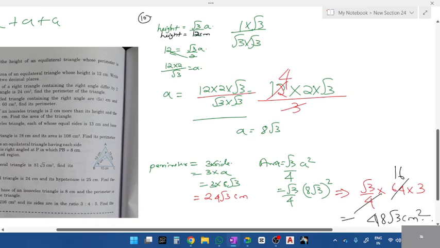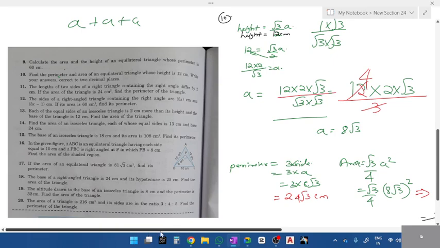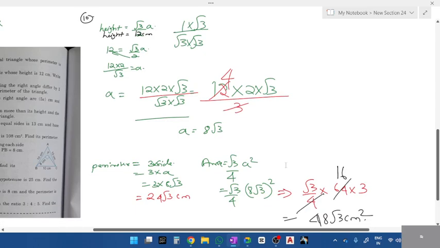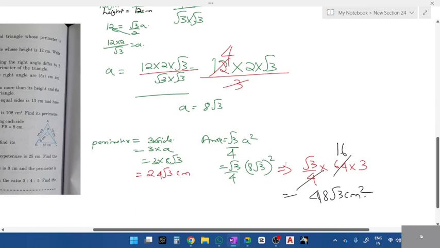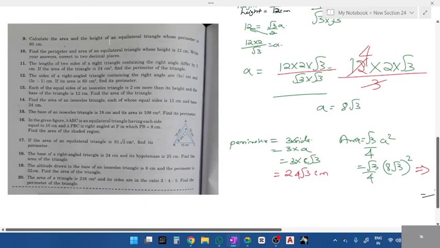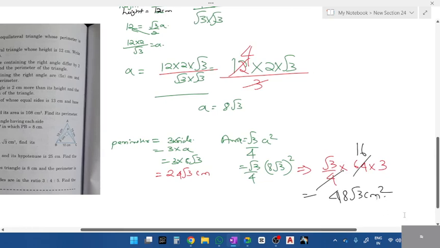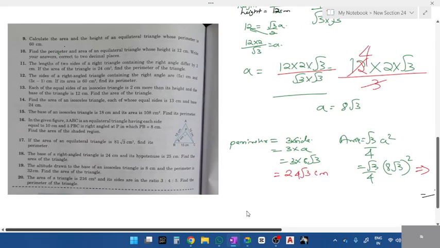Let me check the answer. See, can you just cross check the questions in your textbook? Is it the same value? Because I have the old textbook. Yeah, you can check the answer. Is the answer correct? Just check the answer once, students.